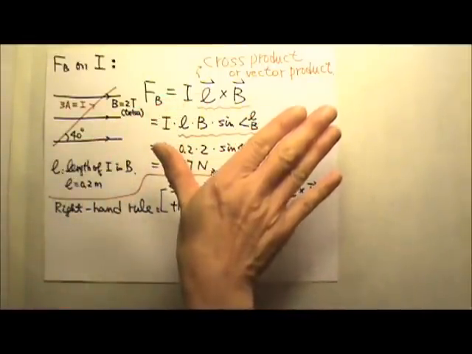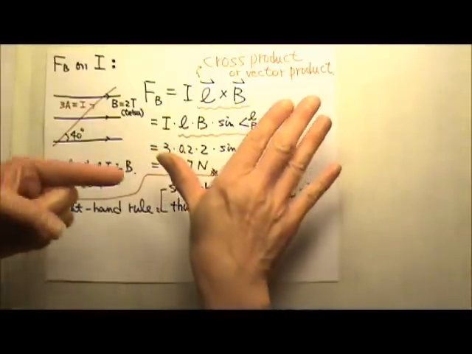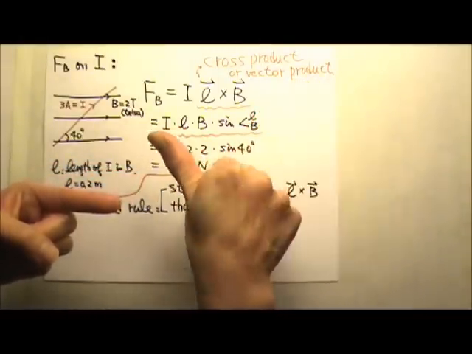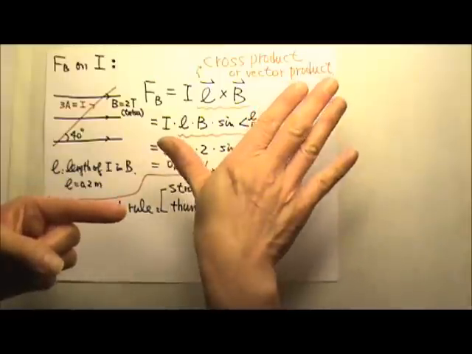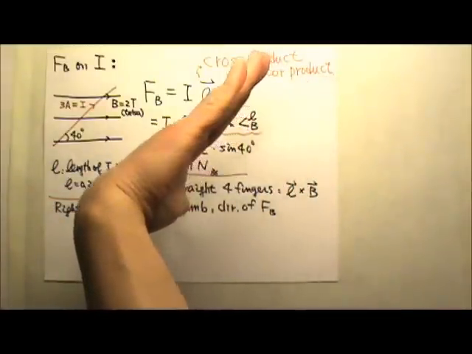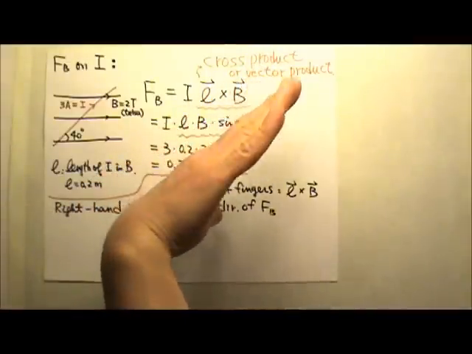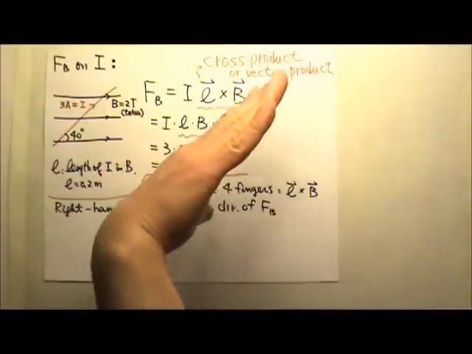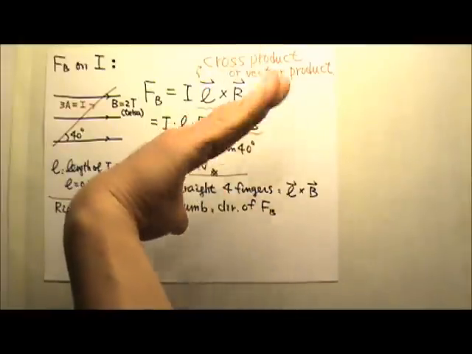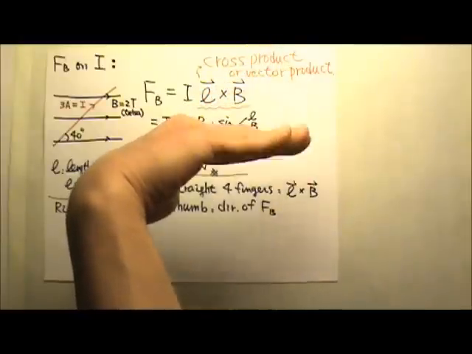And then we have to be able to bend our forefingers to get to the direction of B. Now B goes that way, so if I do this, I can never bend my forefingers to get to B. So I'll have to turn my hand, kind of make my palm face the direction of B. So now my forefingers are in the direction of L, and then I can bend my forefingers to get to the direction of B. So I go L cross B.